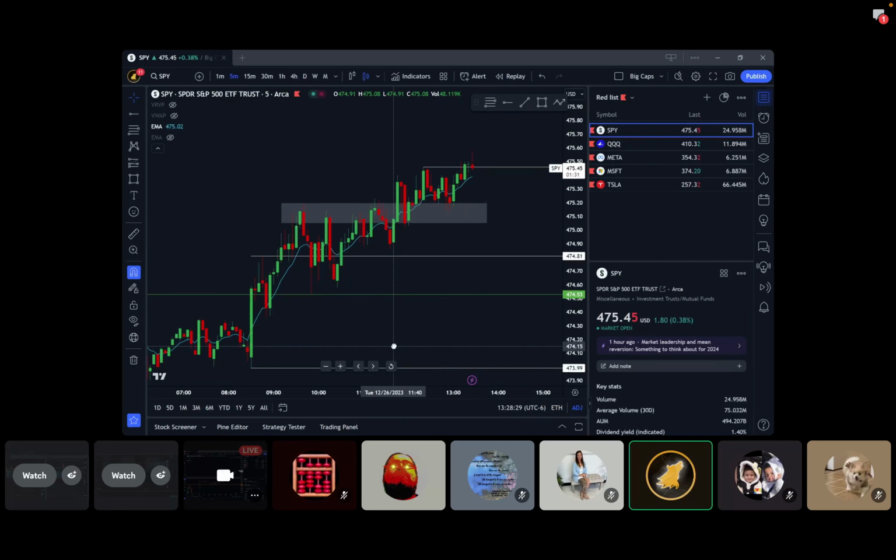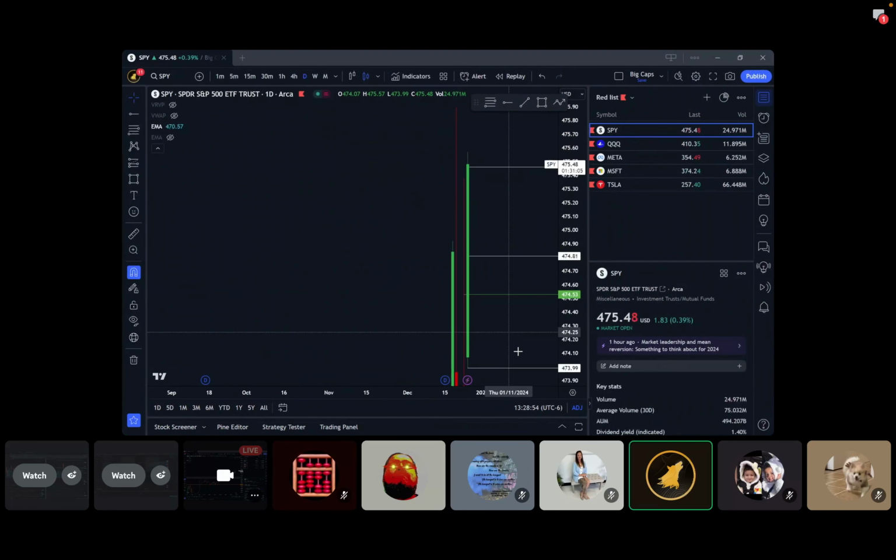So when it comes to zones, to labeling the consolidation in the market, you want to focus really on the most obvious one, because at the end of the day, the detailed one you'll find when you're trading, right? Or at least that's how it should happen, just by nature. So say we have SPY on the daily.